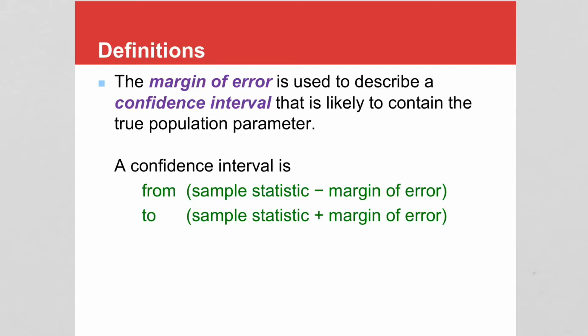Okay? That's a confidence interval. And the margin of error is added or subtracted from the sample statistics. So the sample statistics could be like the mean or the percentage of people that you've found for that, not population, but for that sample, okay? And then you would add and subtract.